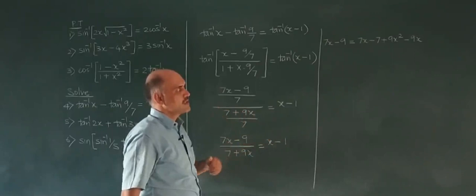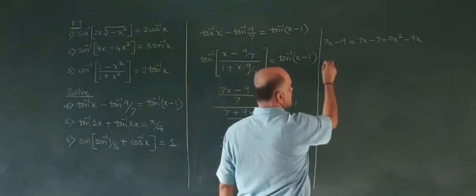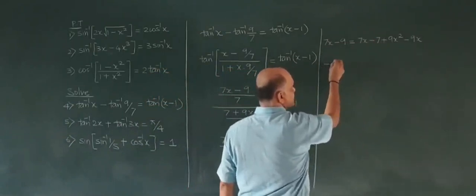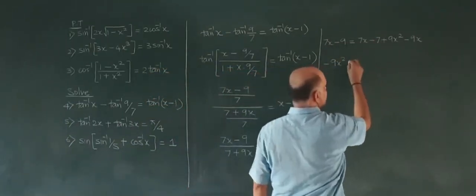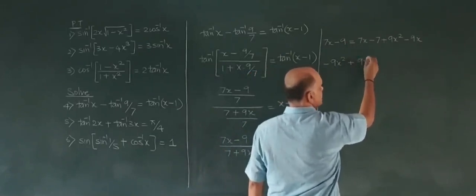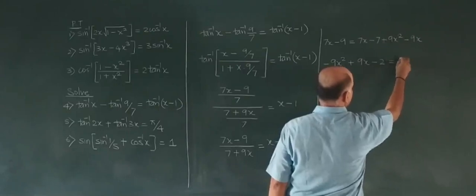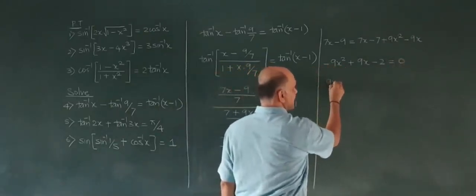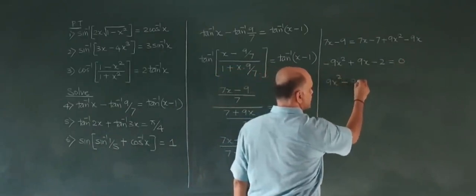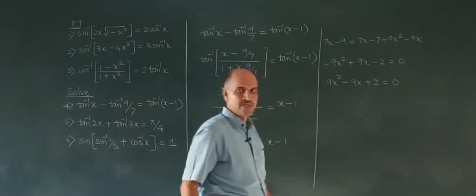Now take all terms to the LHS. So 7x gets cancelled. So 9x square, if I take it, minus 9x square, if I take this plus 9x, then if I take 7 it will be minus 2 equal to 0. So if I change the sign, 9x square minus 9x plus 2 is equal to 0.